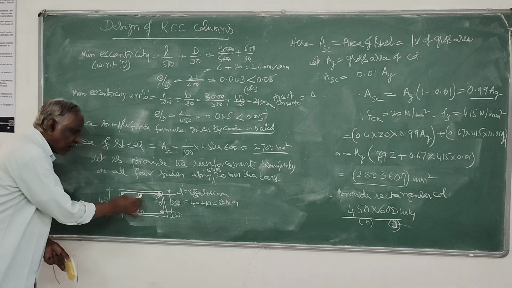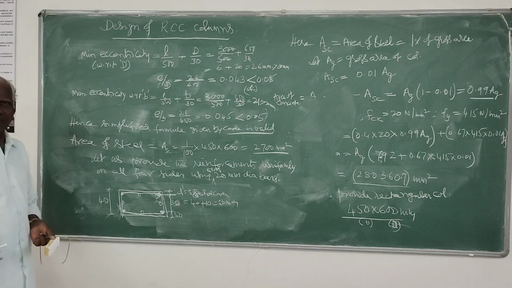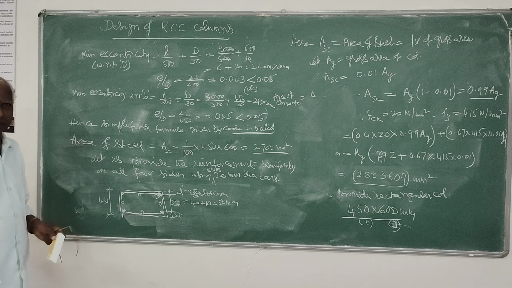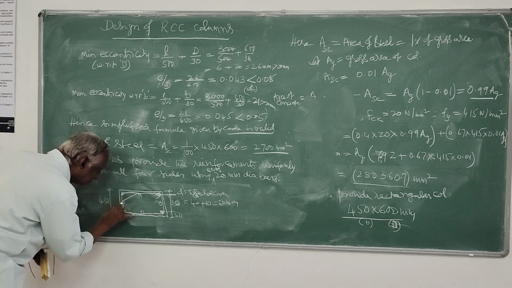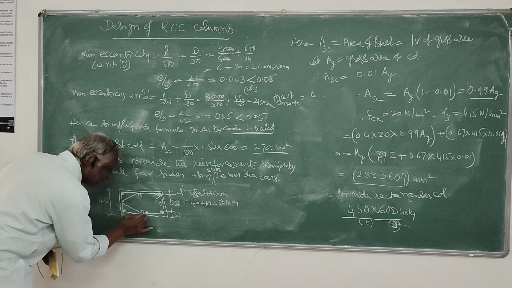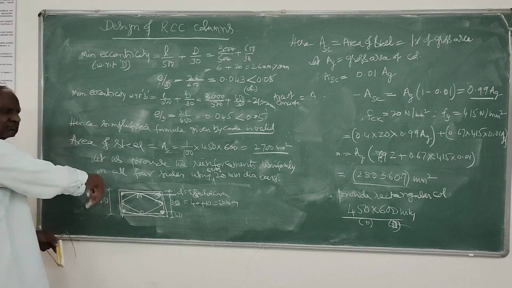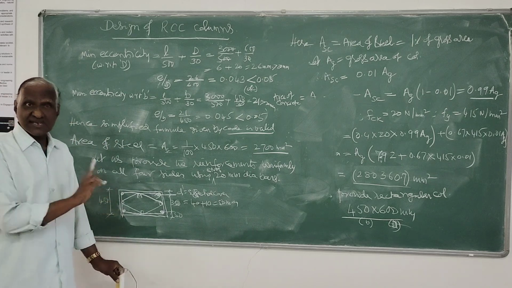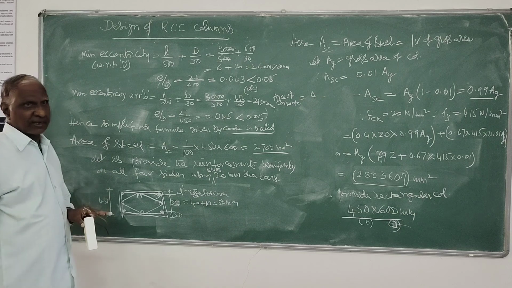What about these bars? These bars spacing will be more than 75 mm. It has to be held in position. So I have to use one more tie connecting these 4 bars like this. That is why. That's the reason. I have to use 2 lateral ties satisfying that requirement.